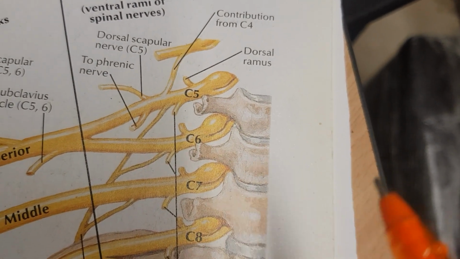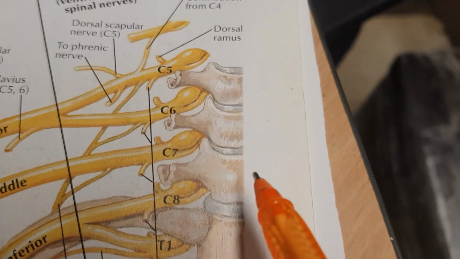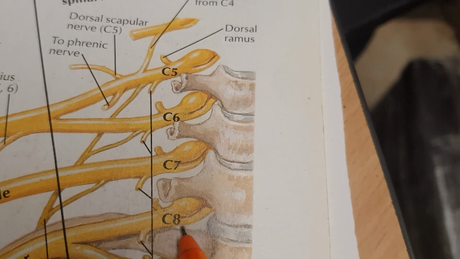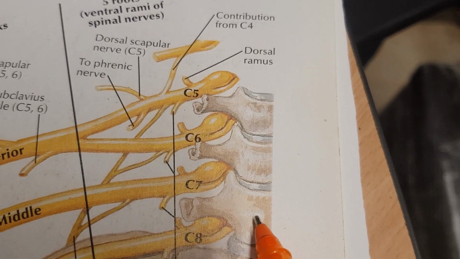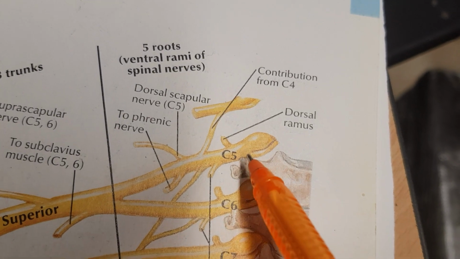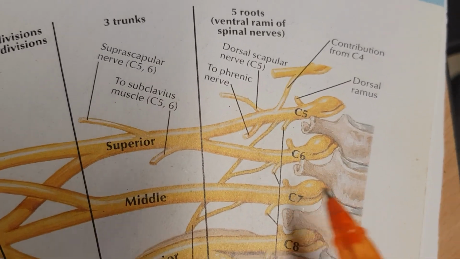So there is one extra nerve when you count the nerves and compare them to the vertebrae of the cervical spine. So we have C1 up to C8, that's why you see C8, but we have 7 vertebrae. So the brachial plexus is C5, C6, C7, C8, and T1. They all make the brachial plexus.